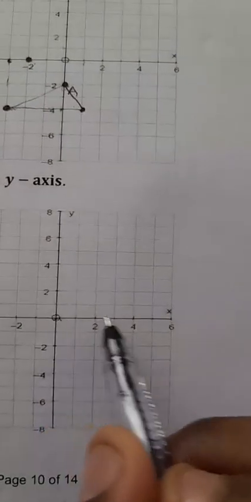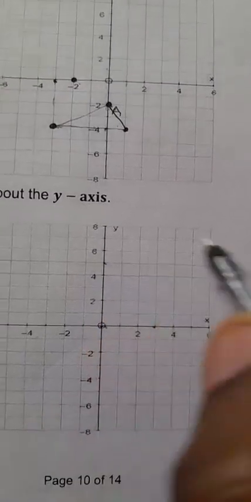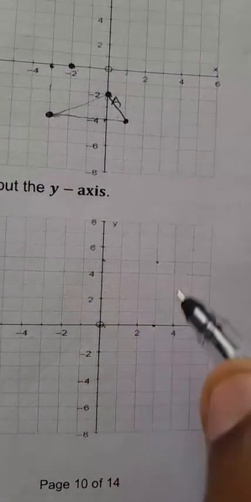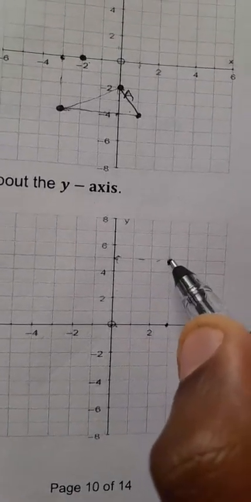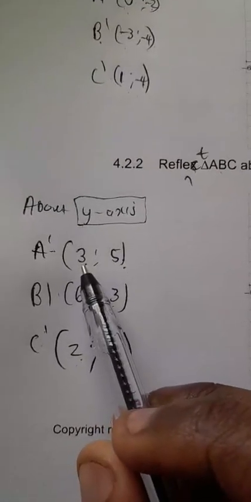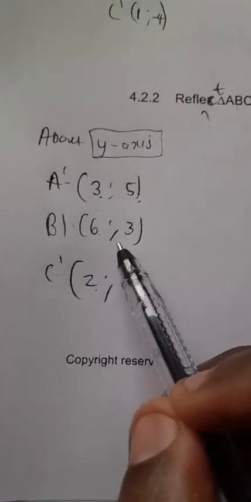Let's go. Just plot the points. 3 and 5. Where's 3 and 5? 3 is here. Where's 5? Y for 5 is here. Where do they meet? They meet exactly there. So that is A, the new image, 3 and 5. B, 6 and 3.